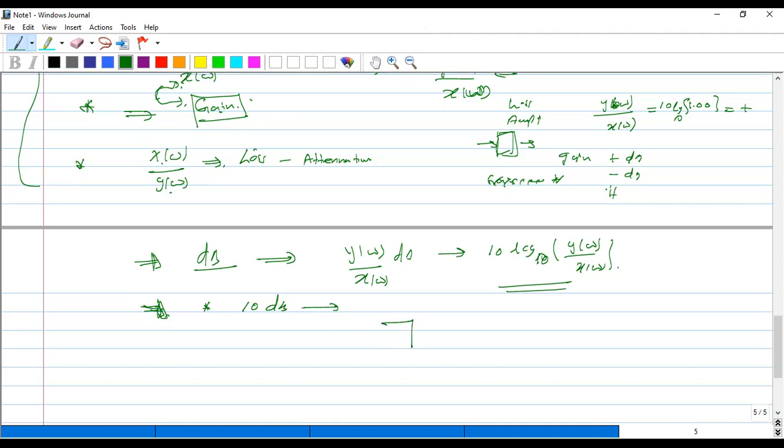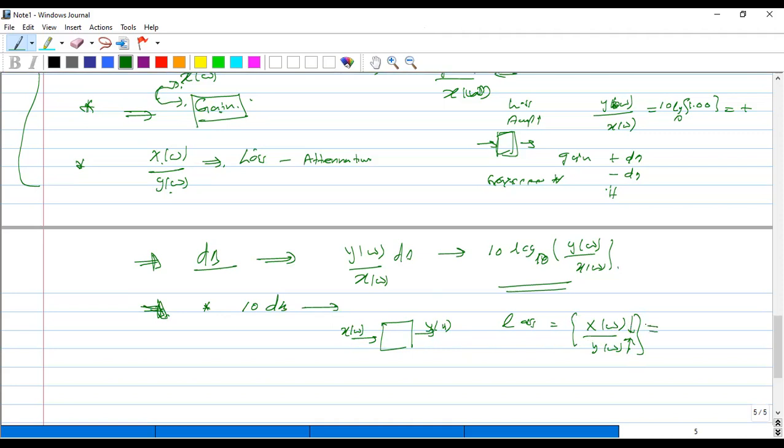If you consider an amplifier, the input is there and the output is there. Loss is equal to input divided by output. For an amplifier there is amplification, so y omega is definitely high, x omega is low; the input is low and the output is high.